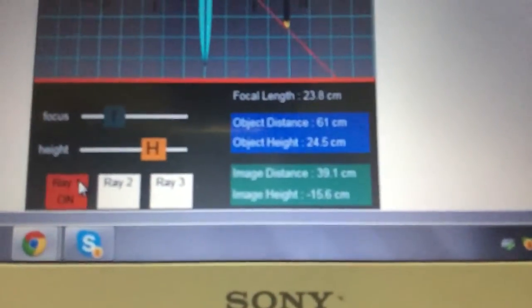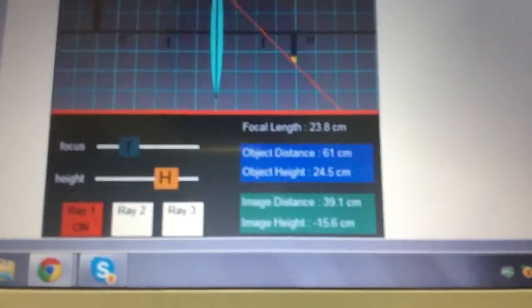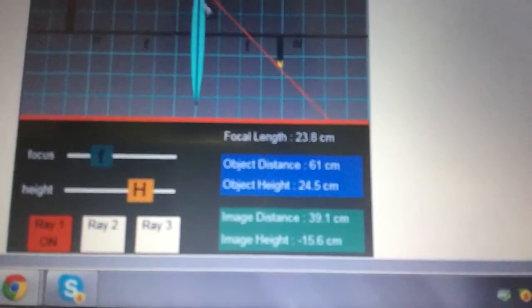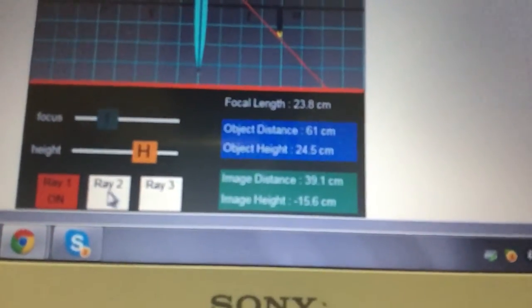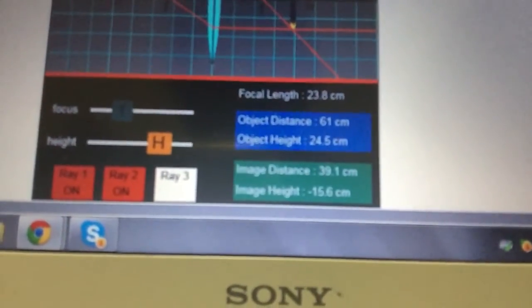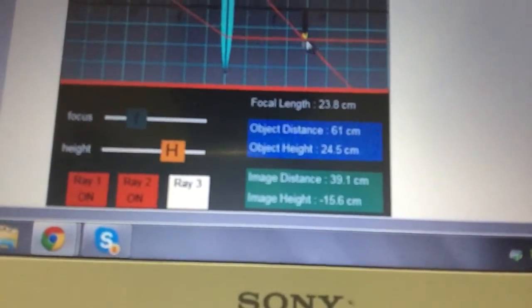I will be using the physicsclassroom.com module to show this. Right now, the first ray that we see is the parallel one. You see how it's going parallel, then it goes to the focal point. The second that we consider is going through the focal point, which gives us a parallel ray.